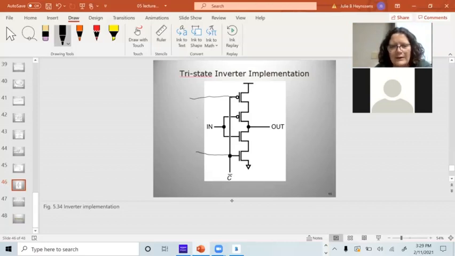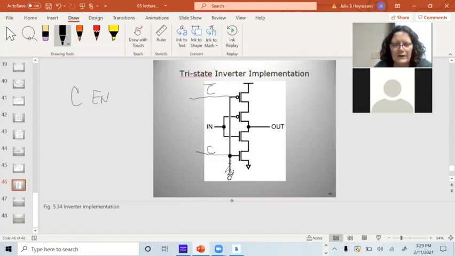What we need here is, if we want to enable this with C, let's make C active high. I'm sorry, I've got 5 minutes to do this. If C is active high, and that's our enable, we want this transistor to be on. So that would be C. And we want this transistor to be off.